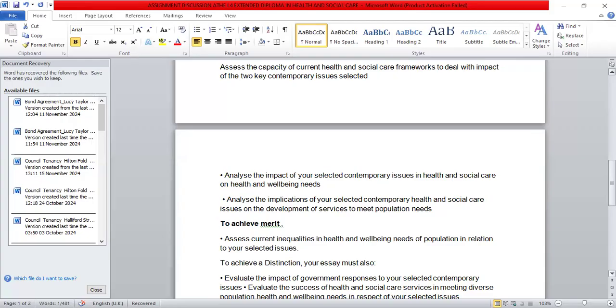Analyze the implications of your selected contemporary issues in health and social care on the development of services to meet the population's needs.